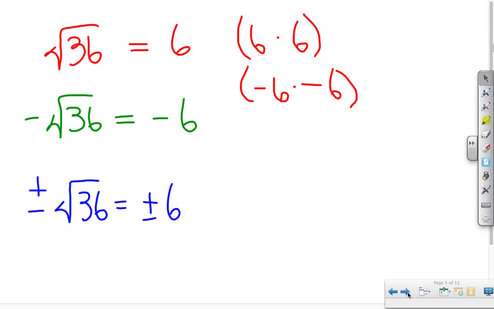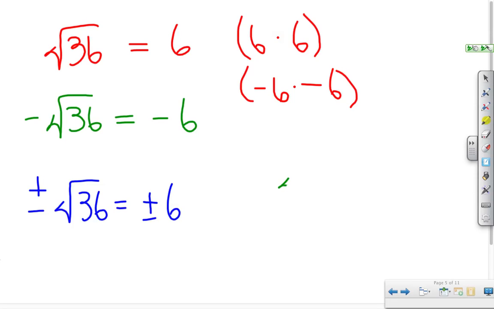So we usually try to depict that by putting the negative sign out front if we want the negative answer. So if I say, what is the negative square root of 36, then I want to know the negative answer. If I put a positive or negative sign out in front, then I don't care if I get the positive or the negative answer. So you're going to show that by putting a positive or negative 6 out front too.